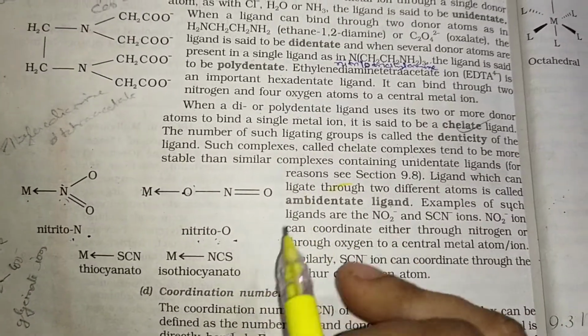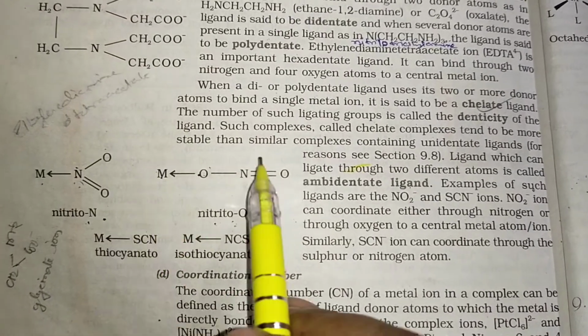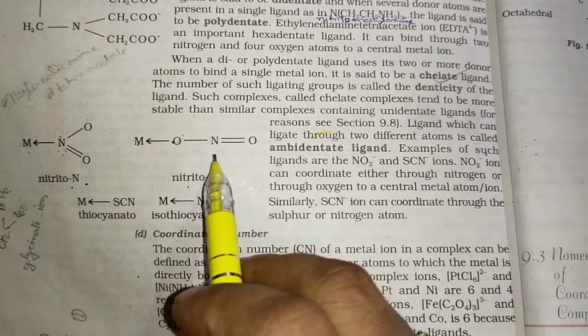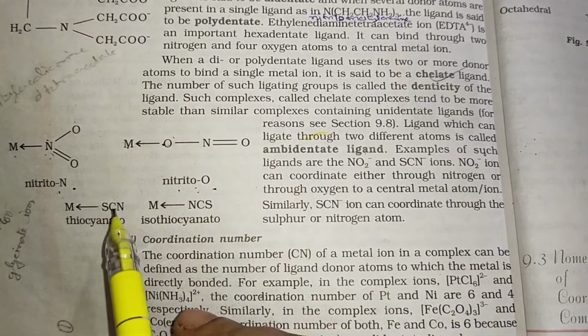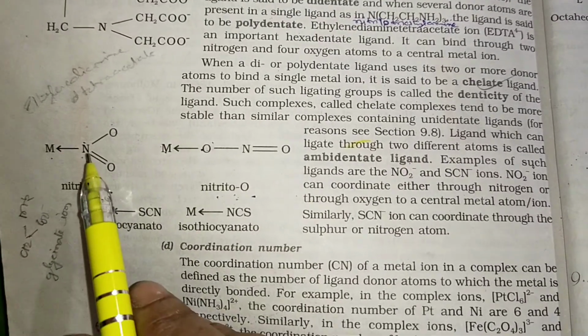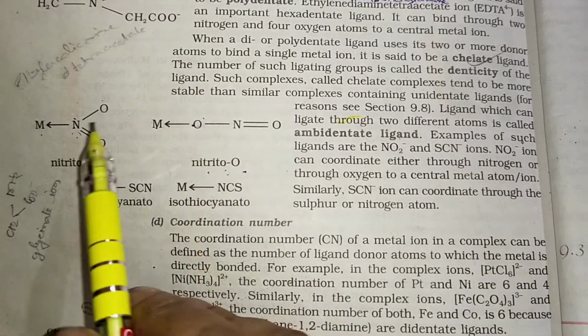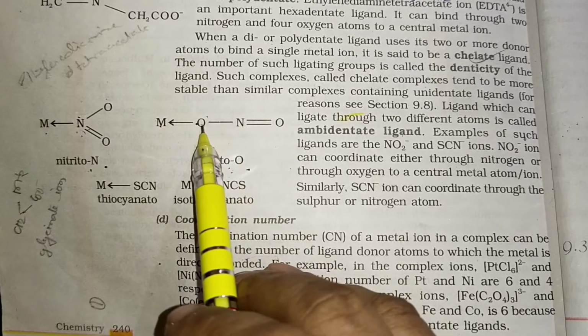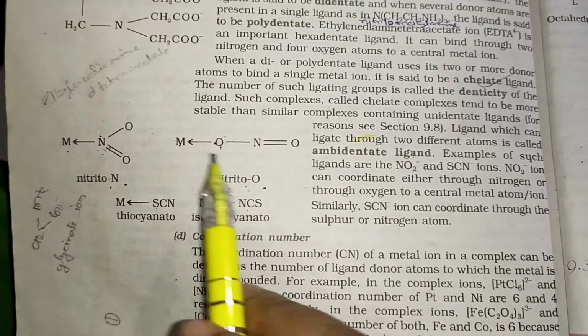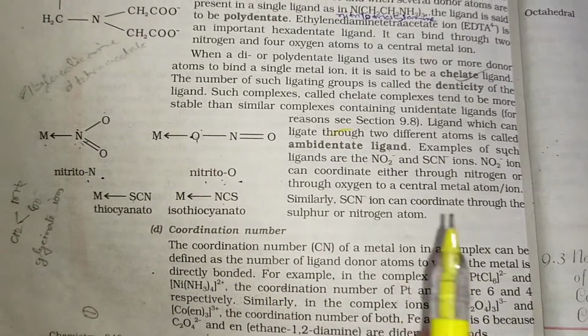So nitro and thiocyanate ions are called ambidentate ligands because they can attach to the central metal ion through two different atoms: one time by nitrogen, another time by oxygen, one time by sulfur, another time by nitrogen.